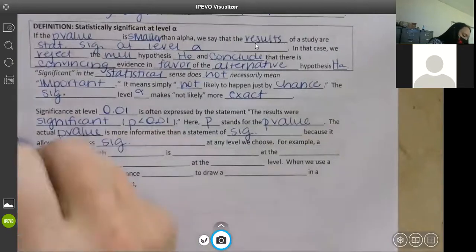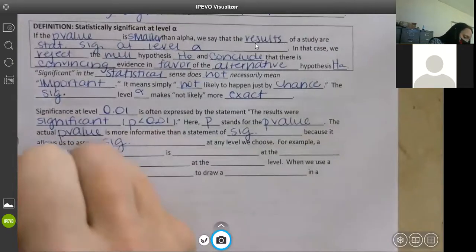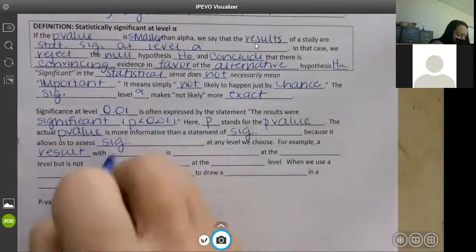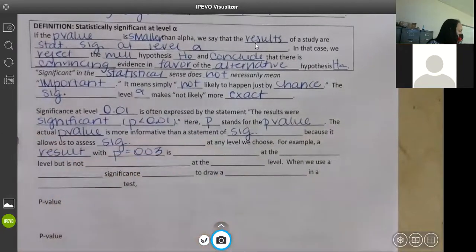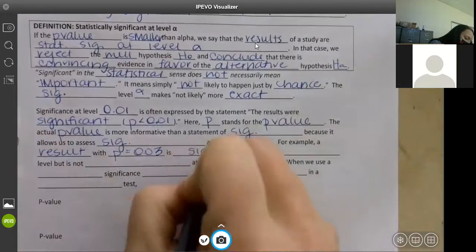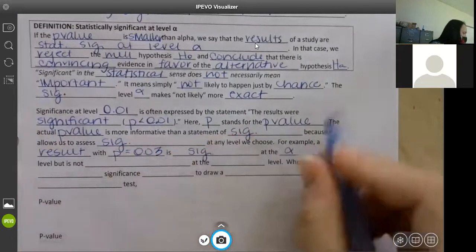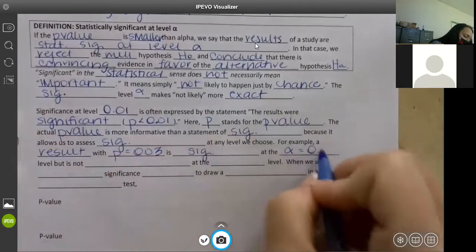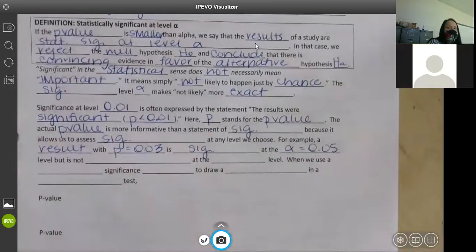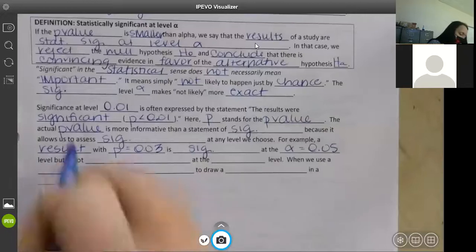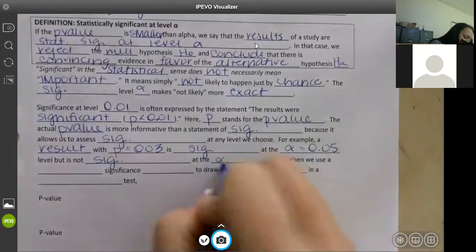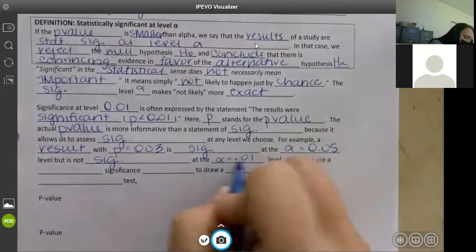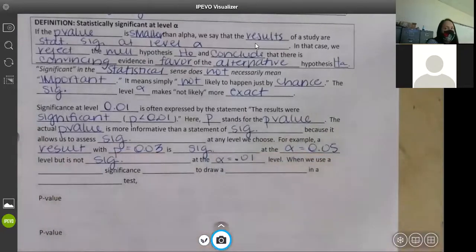For example, a result with P equal to 0.03 is significant at the alpha equals 0.05 level, but is not significant at the alpha equals 0.01 level.